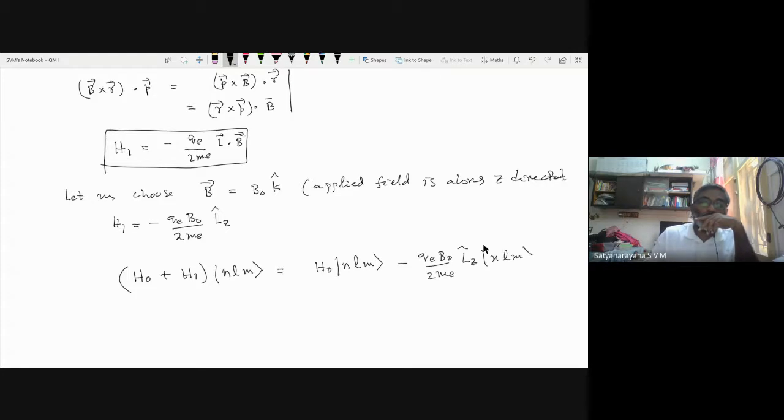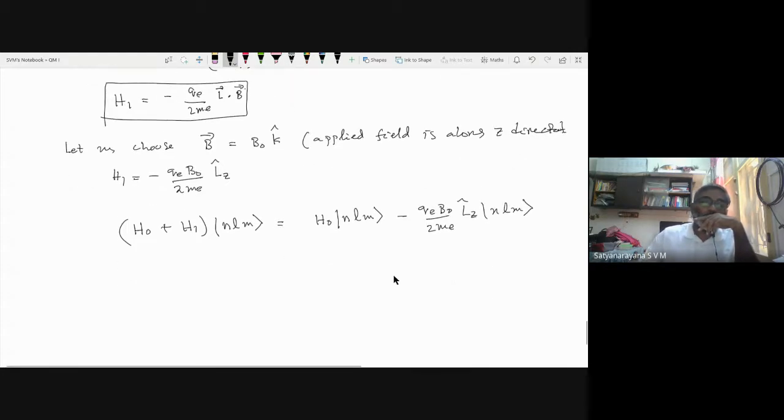Now you can see H0 on NLM is basically En, minus QE B0 divided by twice ME into MH cross. Okay, so this is the new energy, NLM.